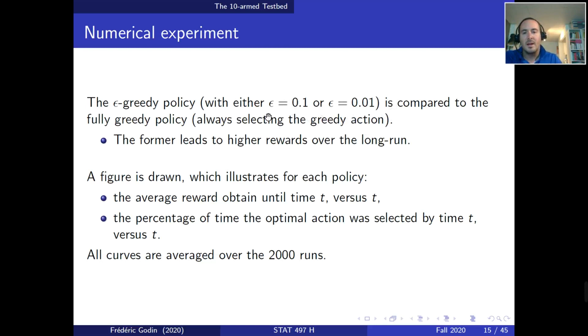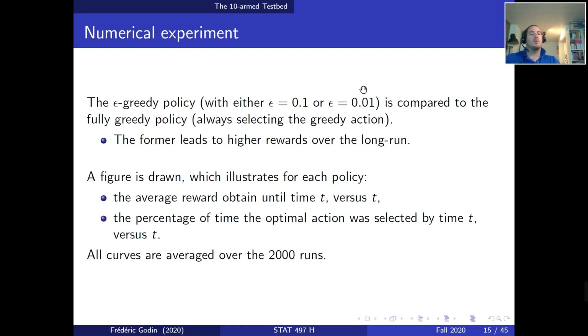Epsilon being 0.1 means you're going to explore 10% of the time, whereas epsilon being 0.01 means that you will randomly pick an action 1% of the time. So there will be much more exploration from the first policy than from the second one.